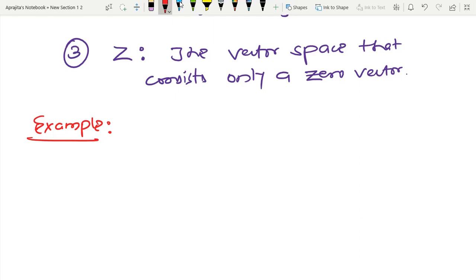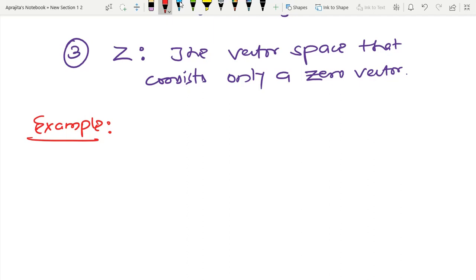If you see the function space, whatever I have selected as example number 2, that has infinite dimension, and we will see why I am telling this is infinite dimension.